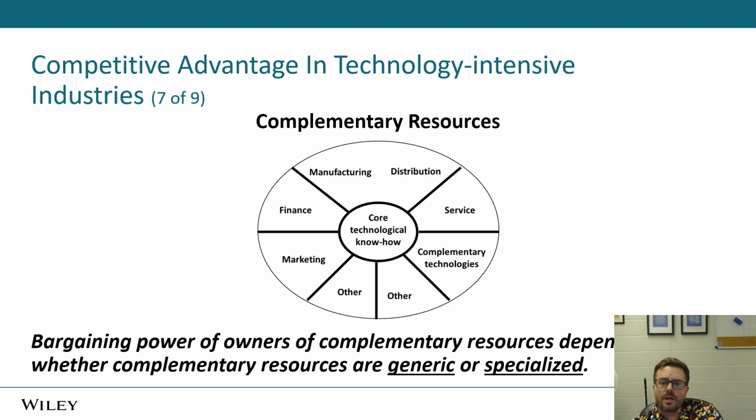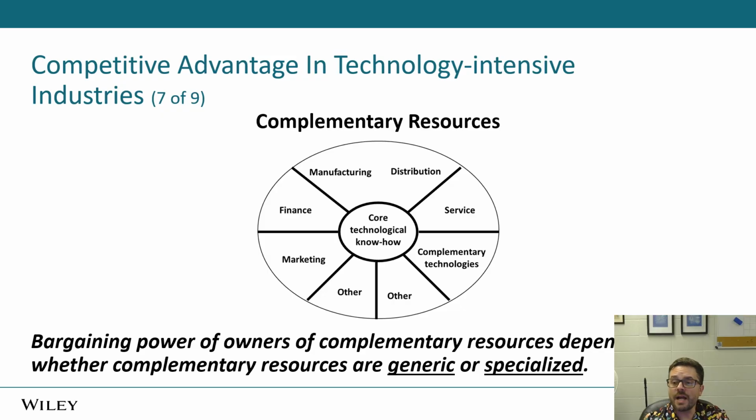If we look at complementary resources, these are all different types of complementary resources that might be required. It's not a very good visual, unfortunately. The textbook is good, the slides aren't great here. Manufacturing and distribution are both potential types of complementary resources. Finance: if you go to Ashley Furniture, well, that's not really an innovative product.